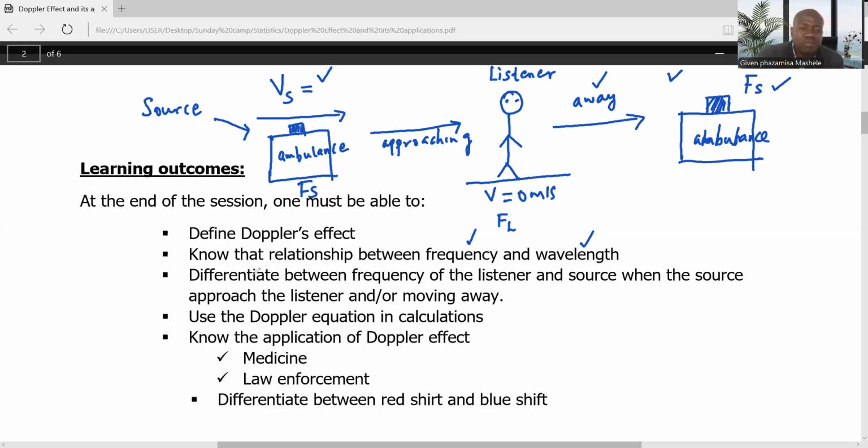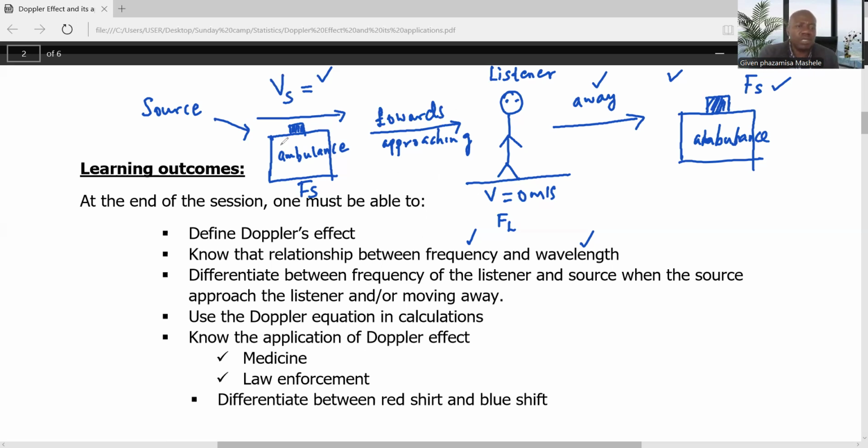Now, what does this mean, guys? It means in the examination, you must be able to know the differences when the source is approaching the listener and also when it is moving away from the listener. When we talk about approaching, it is the same as when we say it is moving towards the listener.